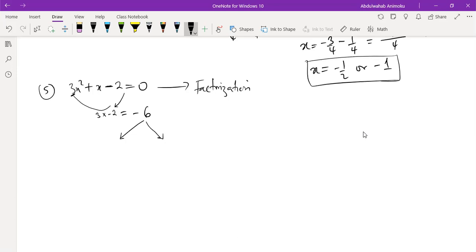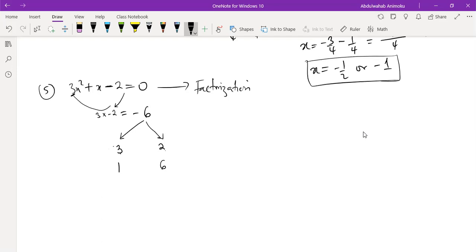Now, you have a couple of choices. The only way you can get this is multiplying 3 and 2, or you multiply 1 and 6. These are the two choices. And from these two choices, you can try to figure out which one would give us plus 1. It turns out that it has to come from 3 and 2, right? Now, what must be the signs in front of it?